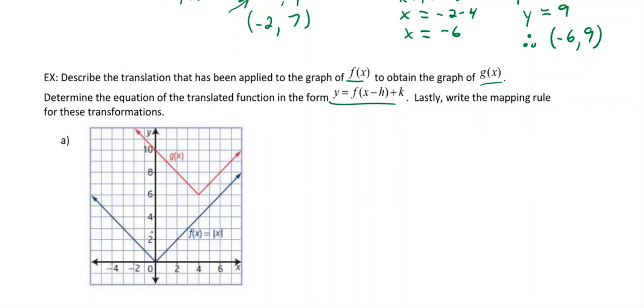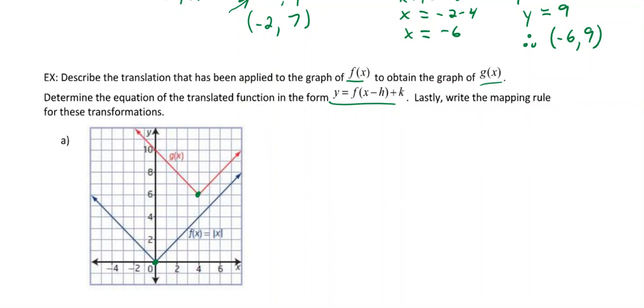Yeah, can you see that? A good place, especially on these absolute value functions, is to look at the bottom because they really are hard to tell, like where that point goes. It seems like I can't tell because this one hasn't been stretched or anything, but the best point to look at on these ones is right at the origin there. Okay, so it goes up 6 and it looks like it goes over 4.